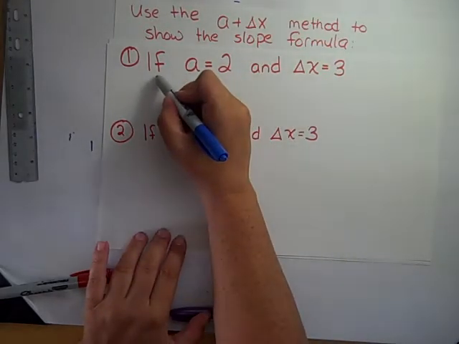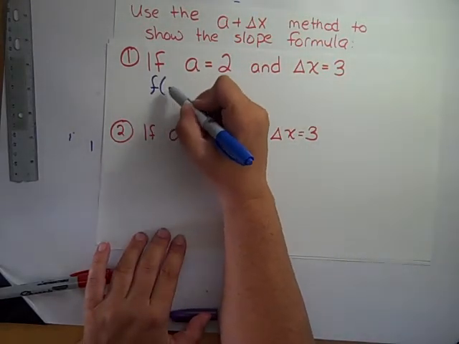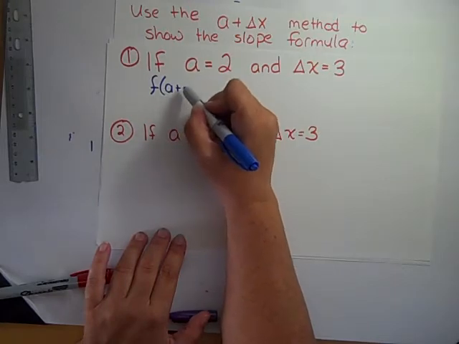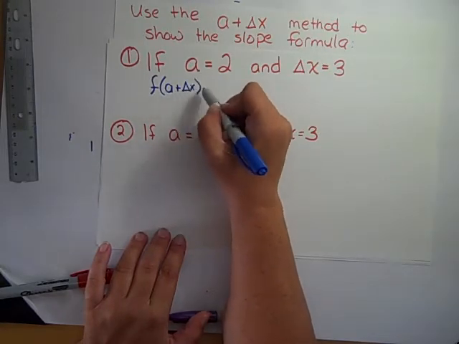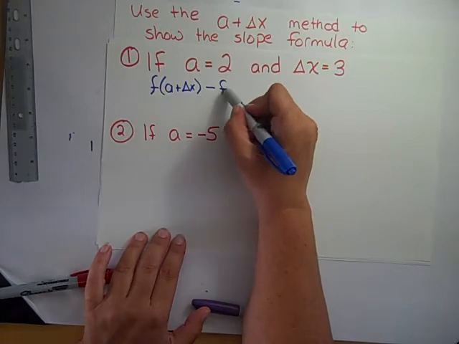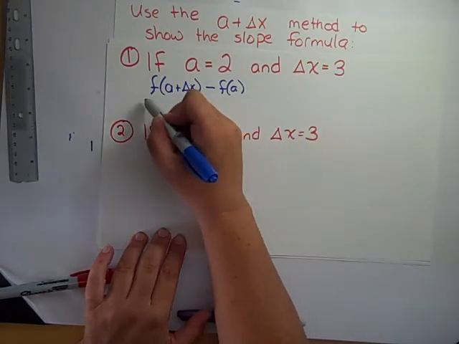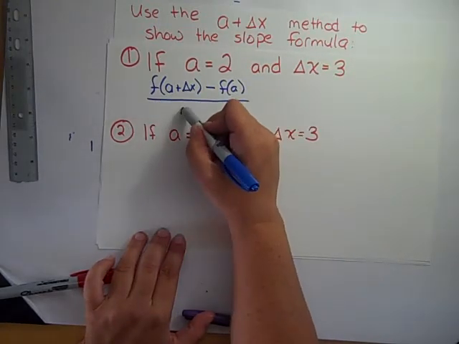So we want to use f of a plus delta x minus f of a over delta x.